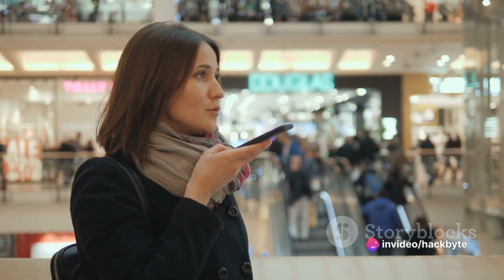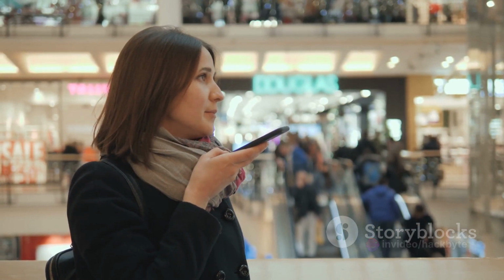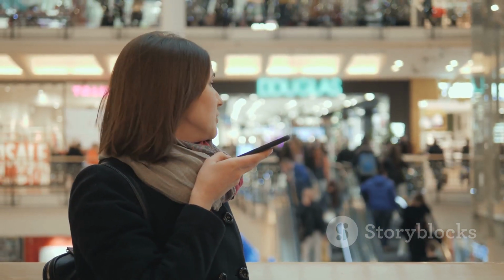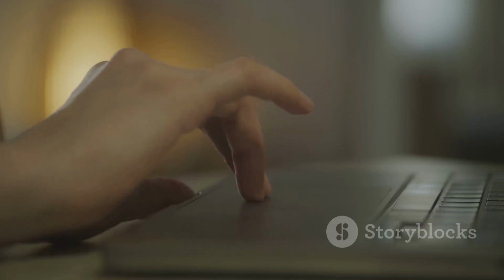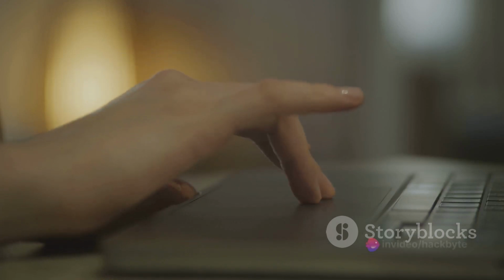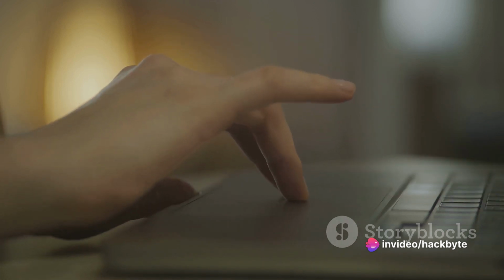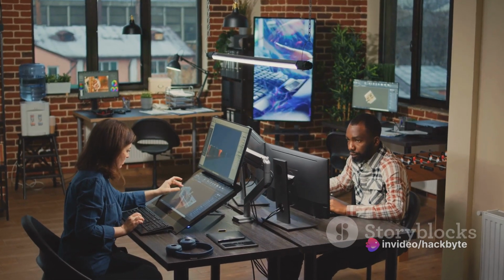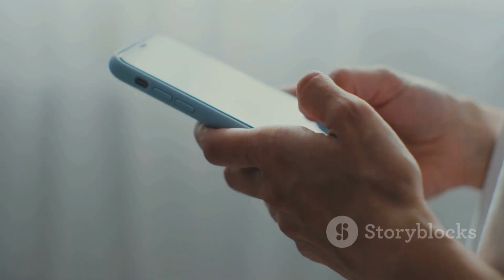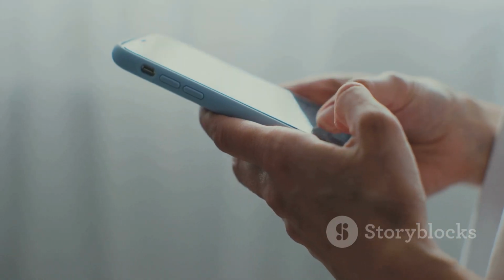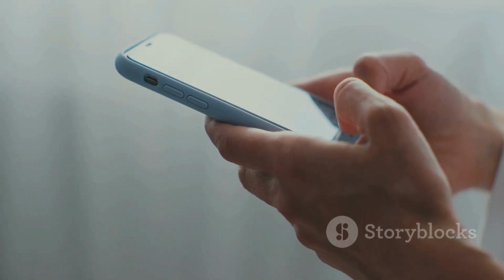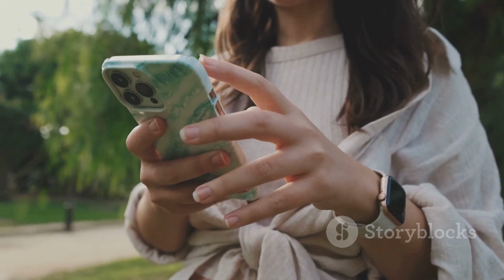From personalized recommendations on shopping websites to voice command technologies in our smartphones and even self-driving cars, machine learning is revolutionizing industries and our daily lives. We've only scratched the surface of this fascinating field. There's so much more to explore, to learn, and to understand. So next time when you see a personalized recommendation or use voice command, remember, it's not magic, it's machine learning.